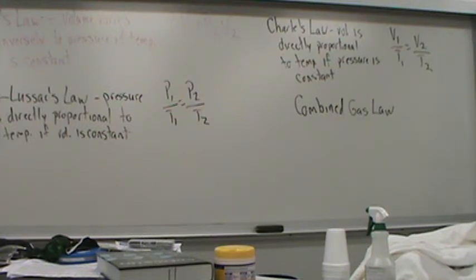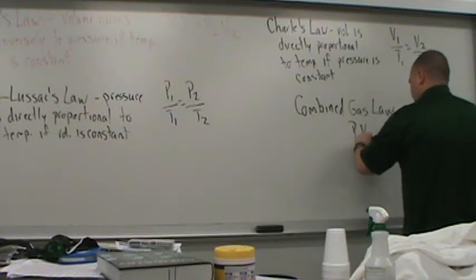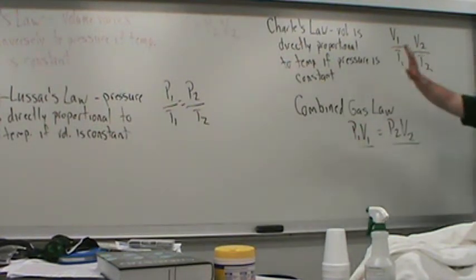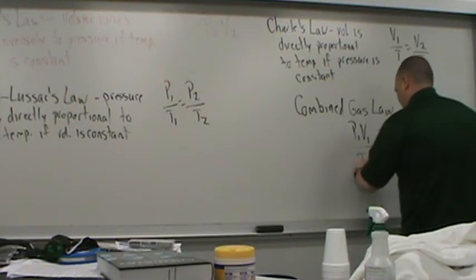Gay-Lussac's has pressure up in the numerator. Charles has volume up in the numerator, correct? Okay. P1, V1 is equal to P2, V2. Now, both Charles and Gay-Lussac's have temperature down in the denominator. You just put it all over there.